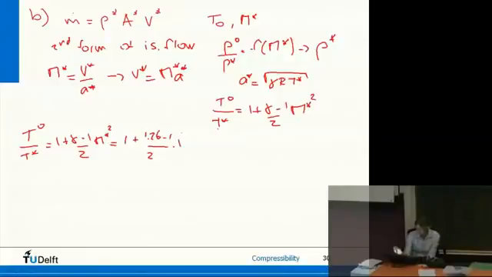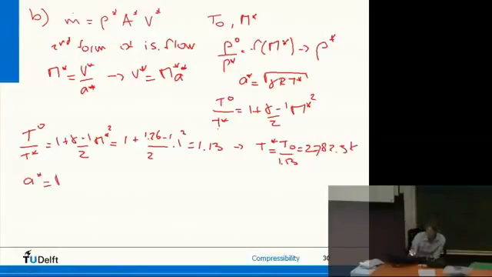So T star is equal to T0 over 1.13. So that is then, I can't read my writing, 2,782.3, I think. I hope it's correct. 2,782.3 Kelvin.